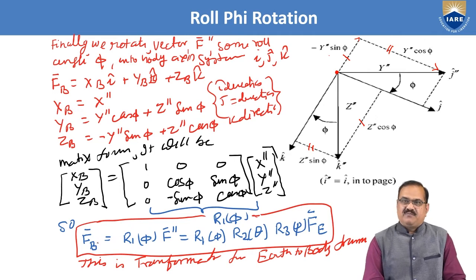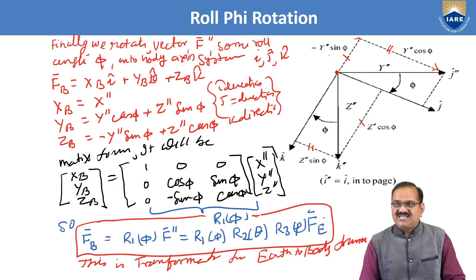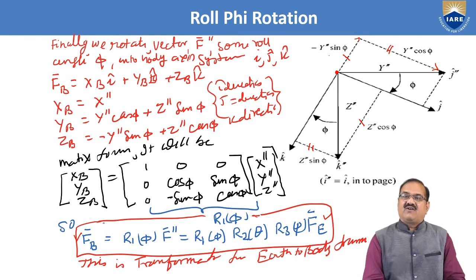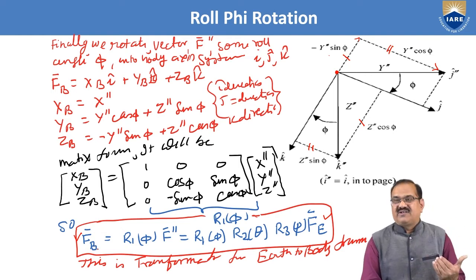So fb is equal to R1 phi f double prime, and f double prime is equal to R2 theta, R3 psi Fe. So now this Fe is converted to Fb, meaning the forces in the earth axis system or inertial reference frame are converted to the forces in the body reference frame. Okay, so this way we can convert any rotation from earth to body and from body to earth.